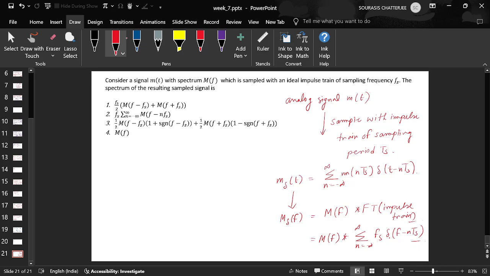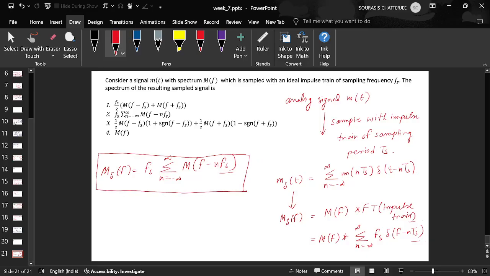When you convolve any function with an impulse, we end up with M delta(f) equal to the scaling factor fs times the summation of shifted versions of the original spectrum by integer multiples of the sampling frequency. So this is the spectrum of the sampled signal in terms of the original spectrum.